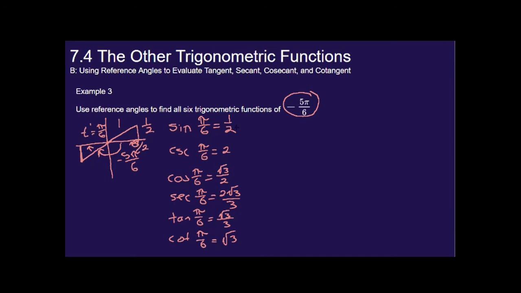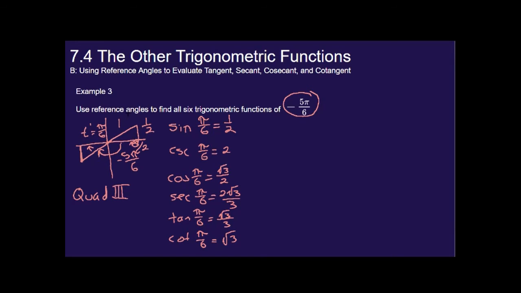But we know that they're going to have the same numerical values as the reference angle, just the signs are going to be different. So our actual angle is in quadrant 3. What functions are positive and what functions are negative in quadrant 3?